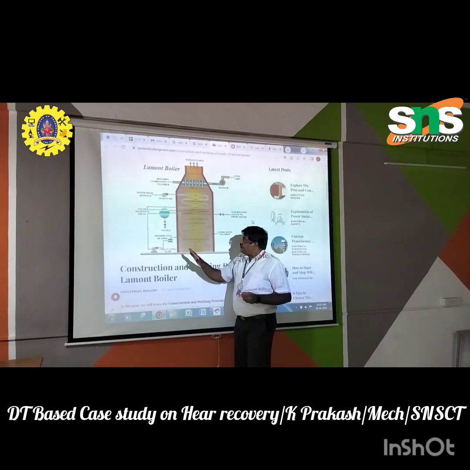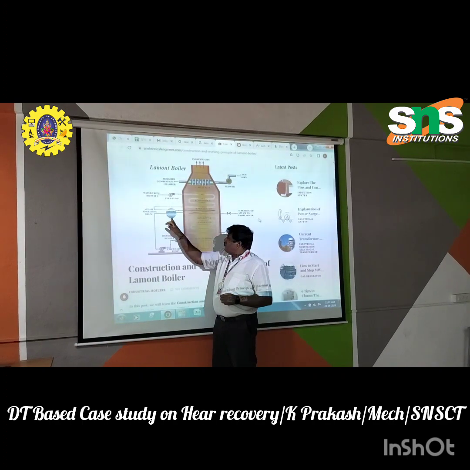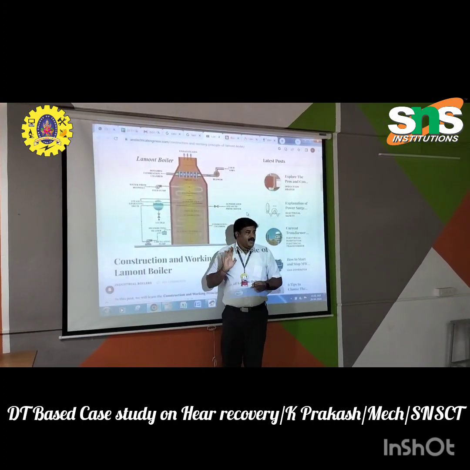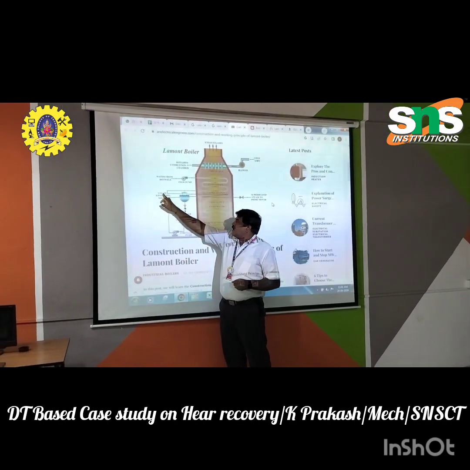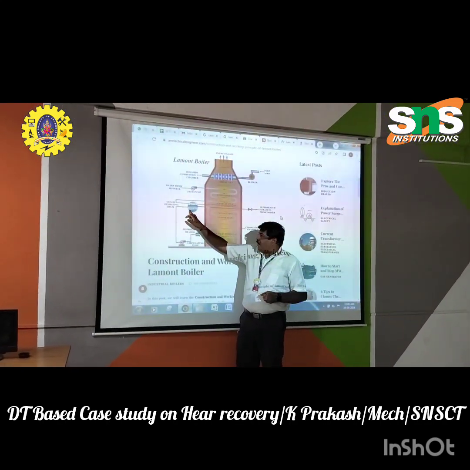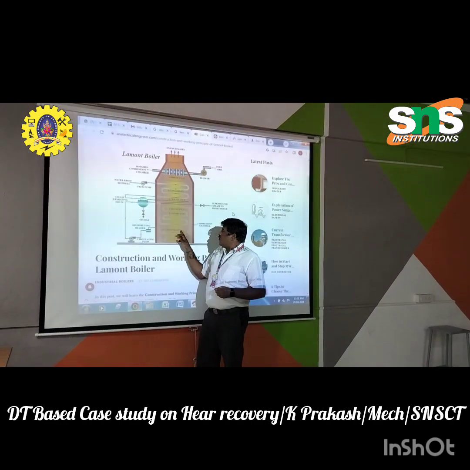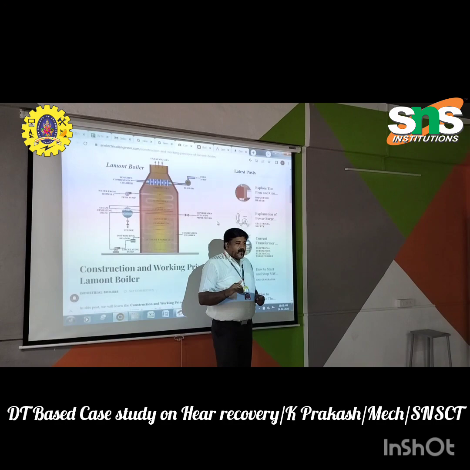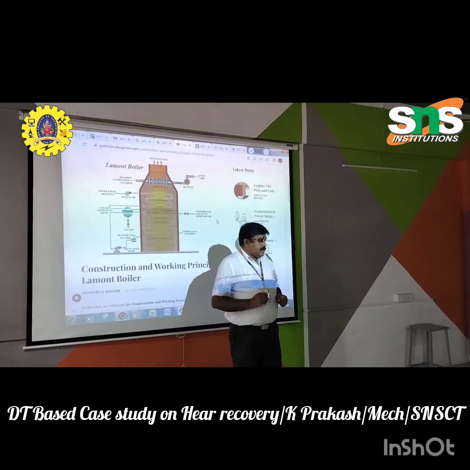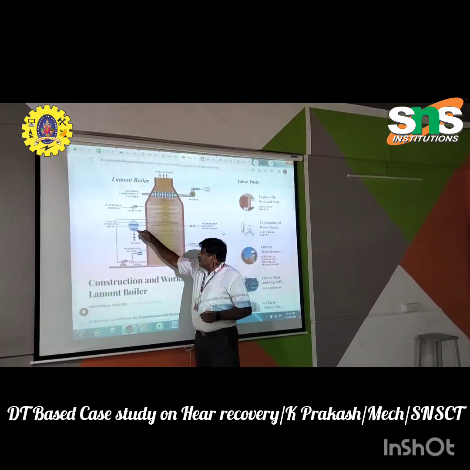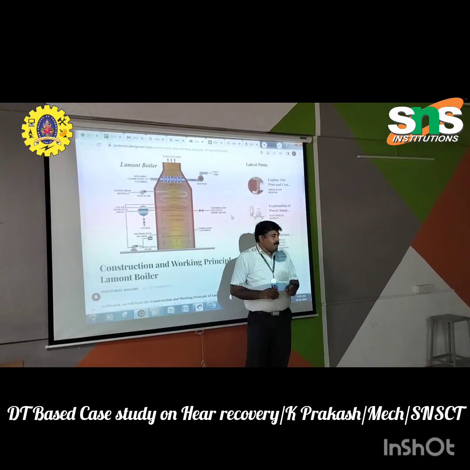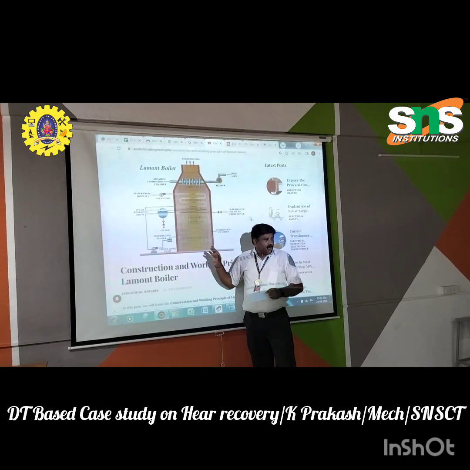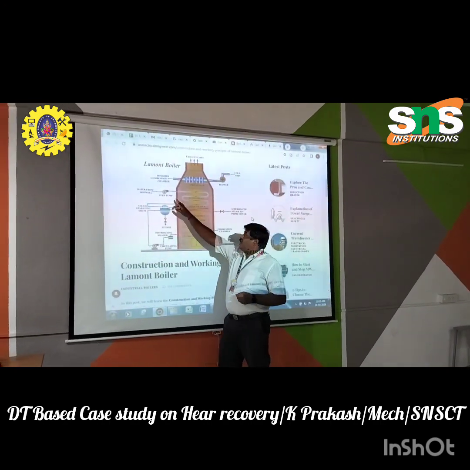The second method is this: this is the drum where water is supplied. In normal cases, we can directly supply the water here, and the water is converted into steam. But if we supply water directly to this drum, heating takes more time. So what we are doing is preheating the water.